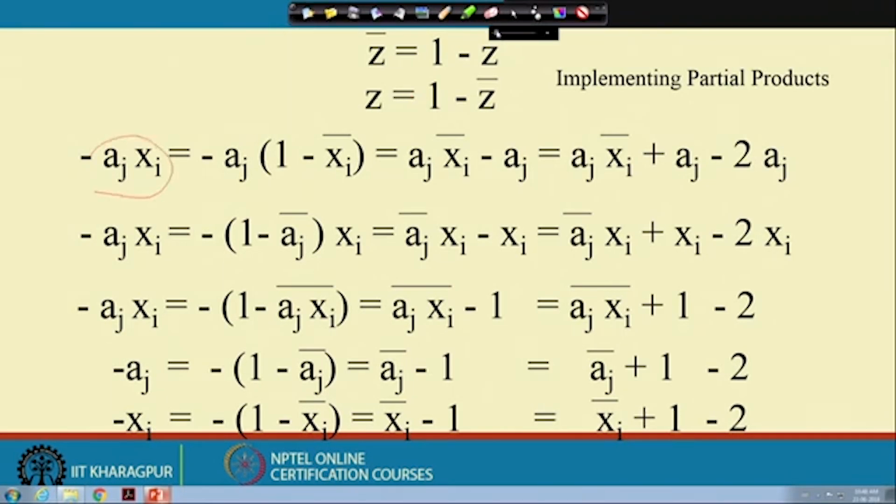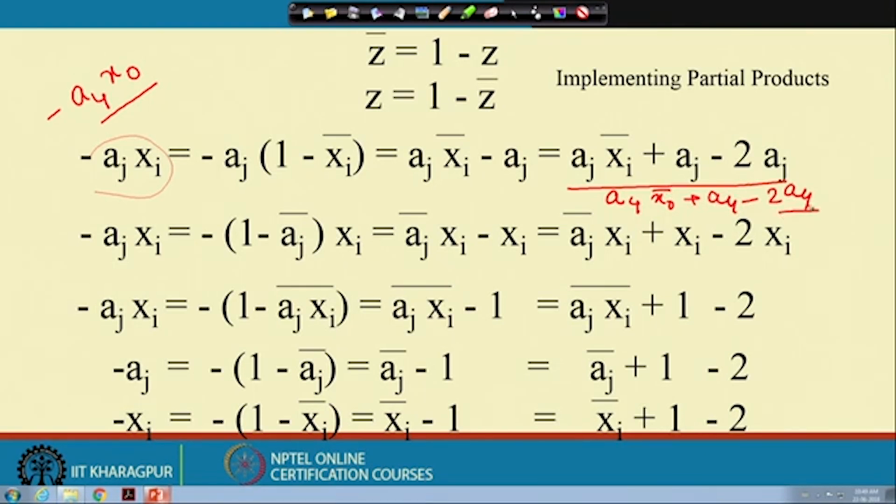Okay. So, this particular bit. Now, if I consider this as minus a4, suppose this is x0. Now, if I represent this equation in terms of j and i, it will be a4 x0 bar plus a4 minus 2 a4.